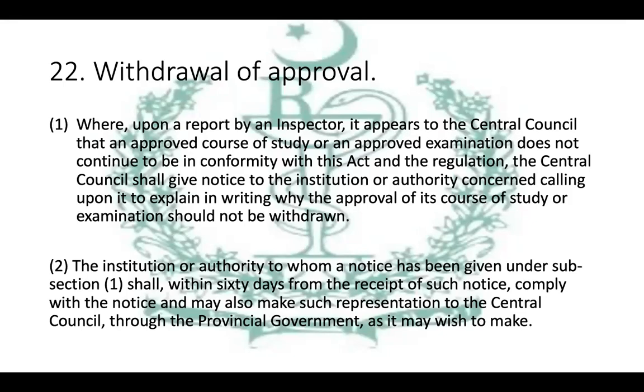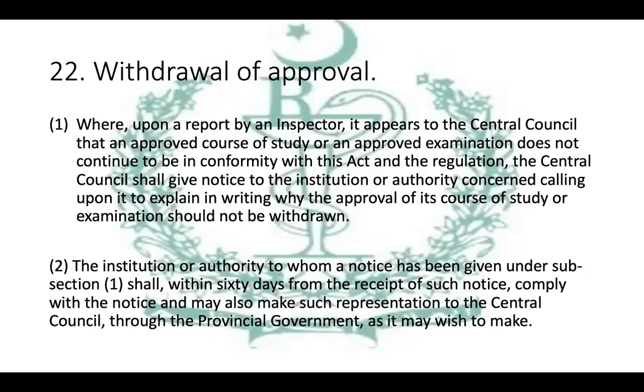So what happens is, when the panel of inspectors observe and examine that facility, that university or that department, or an institute of pharmacy, if they find that the institute or department or faculty is not fulfilling the requirement of the Pharmacy Council or as per the Act, first they send them a show cause notice.